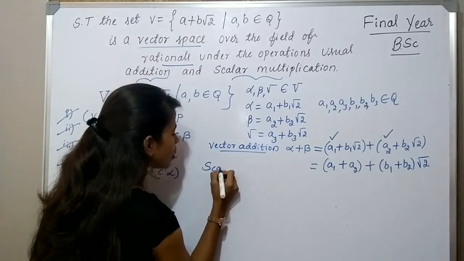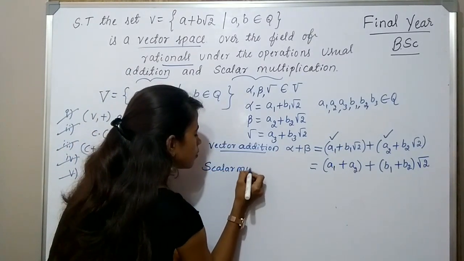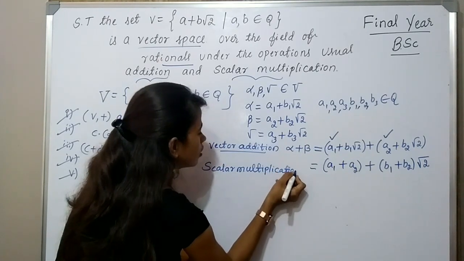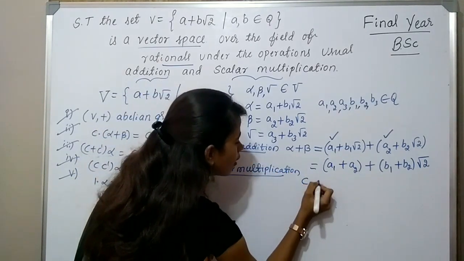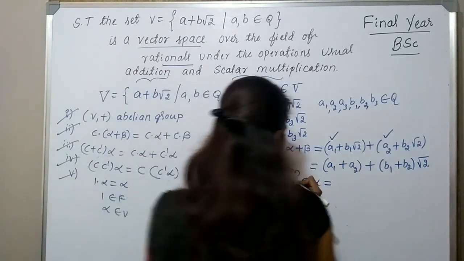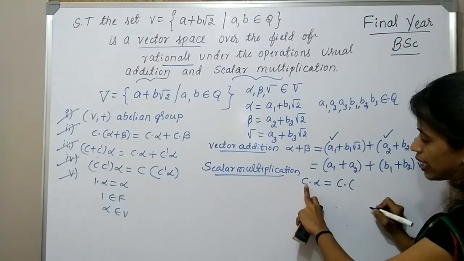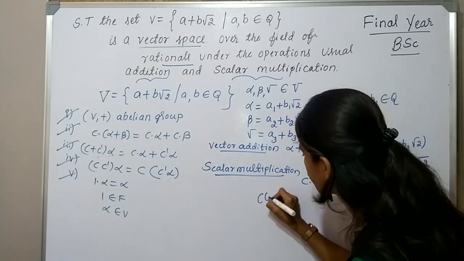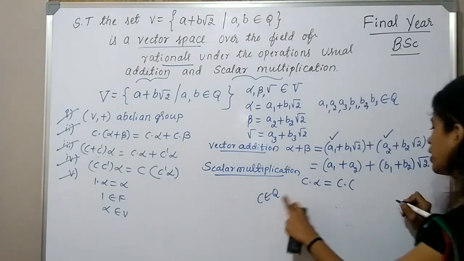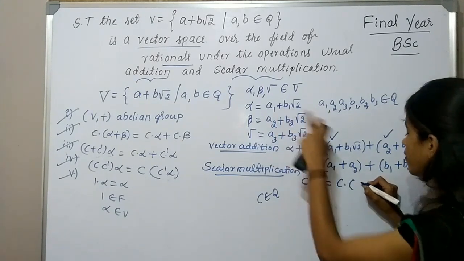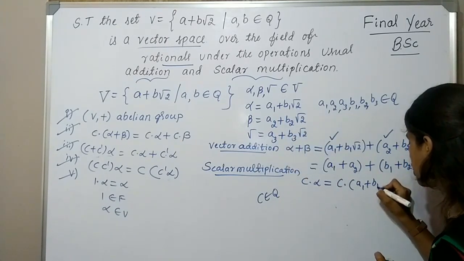Next, scalar multiplication. Here, c dot alpha. So what is c dot alpha? c is a scalar, so that is an element of the field. Here the field is Q. So that is the scalar, dot alpha, where alpha is a1 plus b1 root 2.